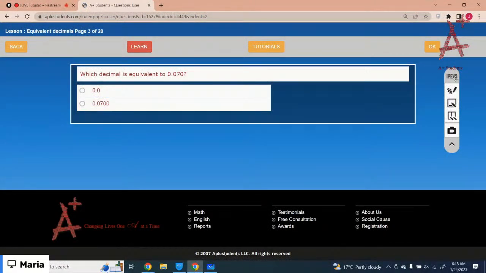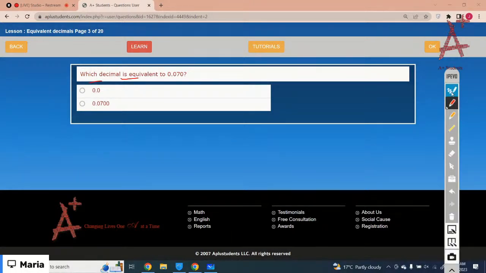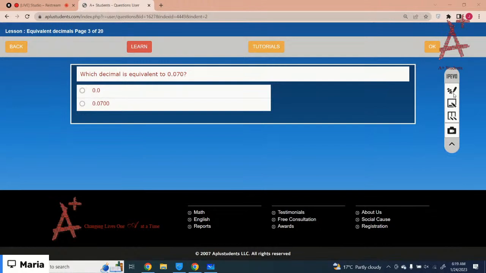Okay, the next one is which decimal is equivalent to 0.070? So which is equivalent to 0.070? Option 1 or option 2? Which of them is equivalent to 0.070?